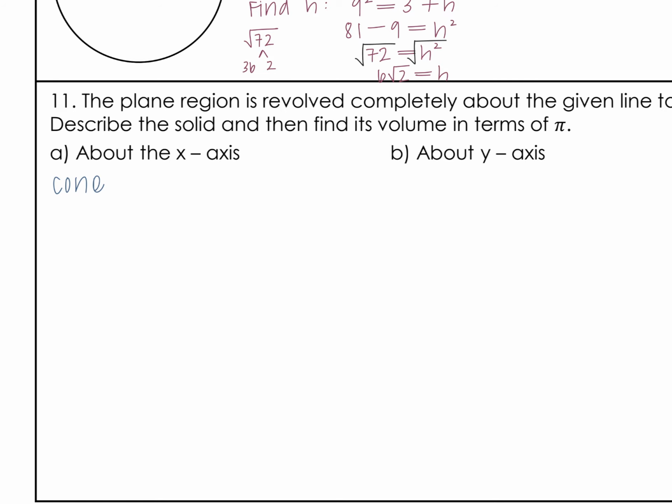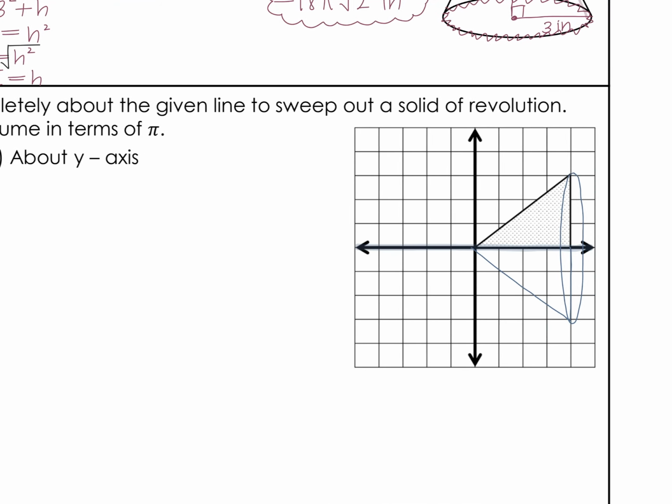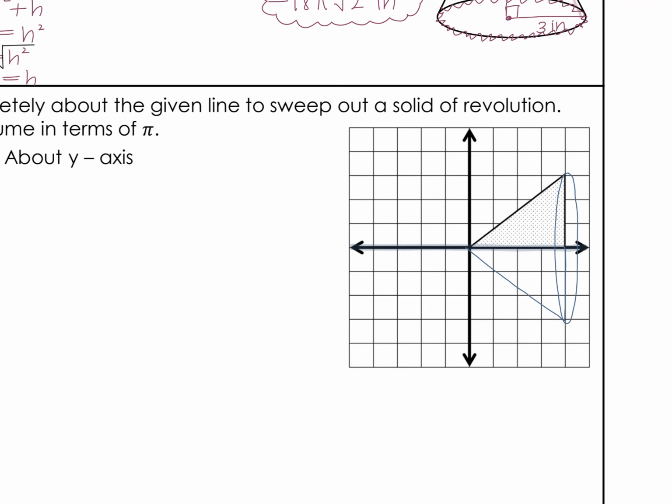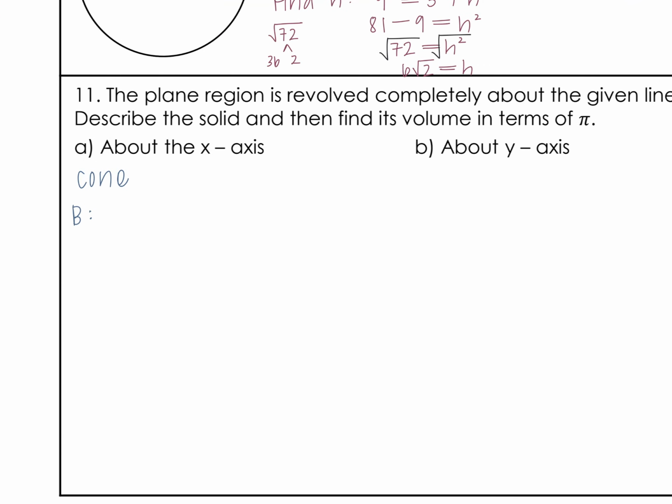So to find my cone's volume, we're going to start with our capital B. We need to know our radius for that. So starting from my line that I'm rotating, I'm going to just count to one of those points on my circle, which is going to be 1, 2, 3 away. So we're going to have a radius of 3. So we'll have 3 squared pi, which will give us 9 pi.